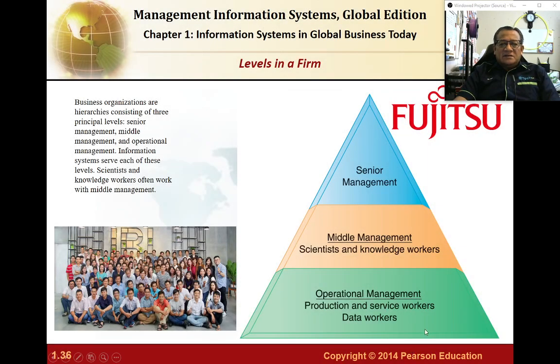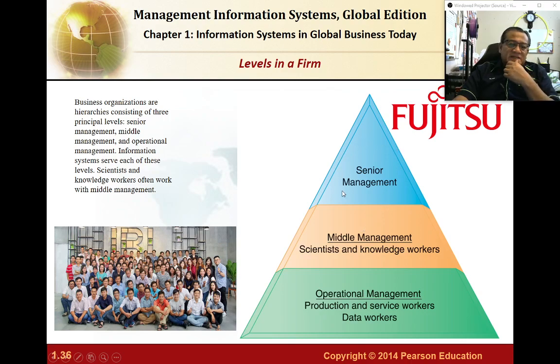Okay. So as far as categories in terms of layer, of course, among IT users, most people that use IT systems are basically operational management. Those at the middle level, like IT manager, marketing manager, production manager, that use IT systems are considered knowledge workers.